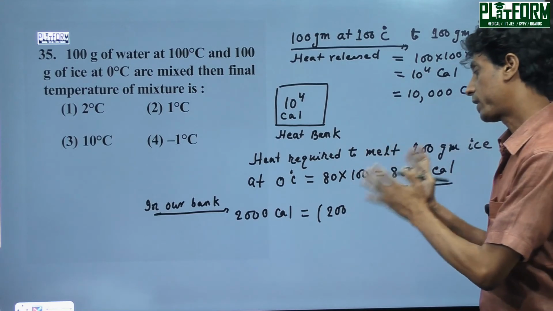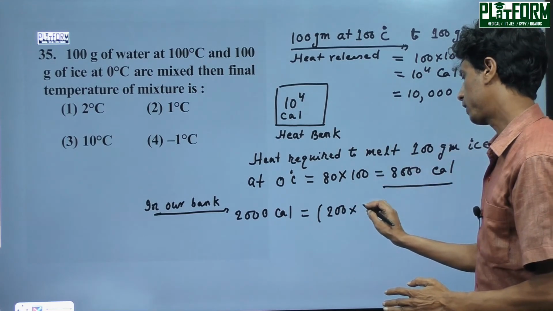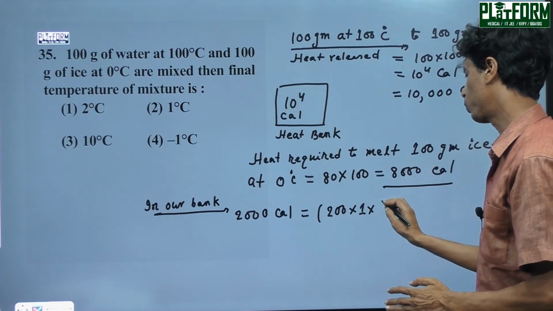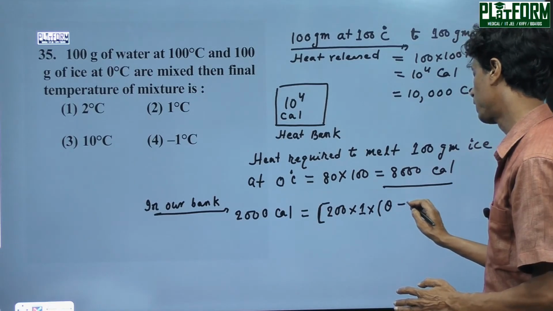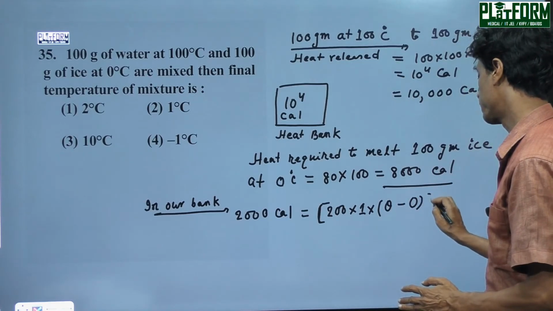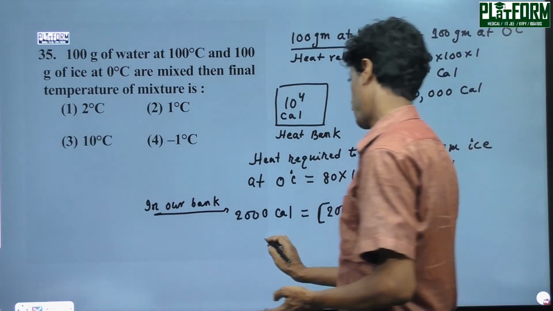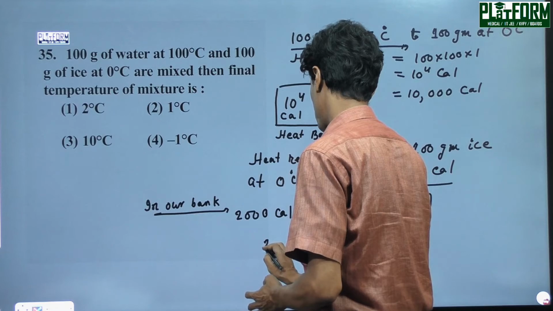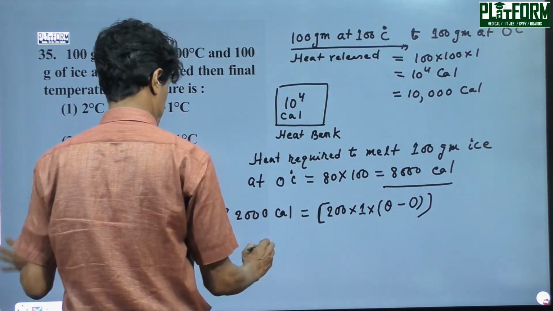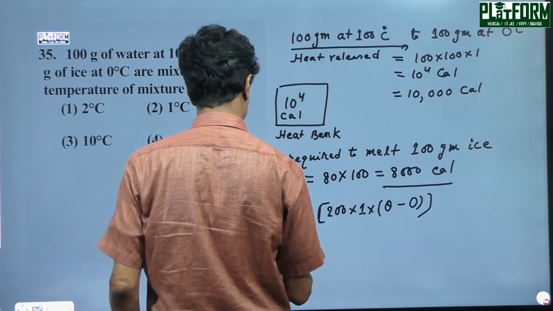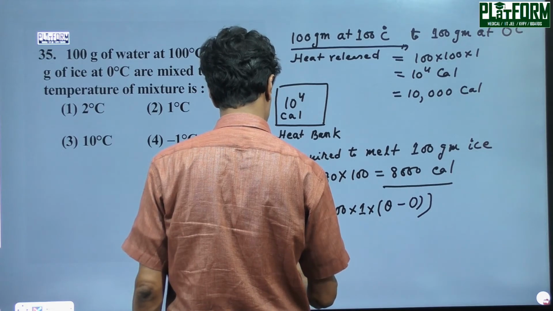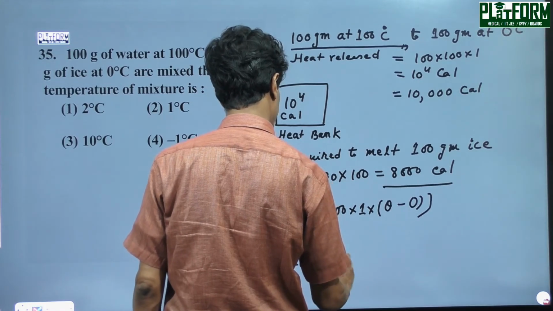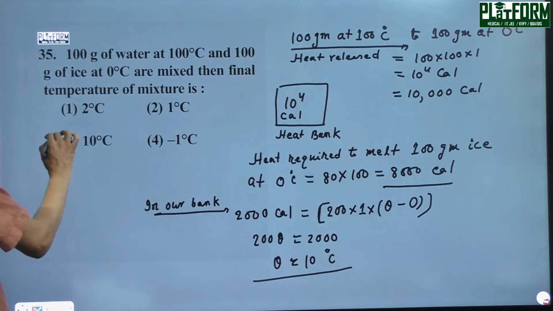So 200 gram water at 0 degree centigrade, specific heat is 1, and the temperature will rise up to theta, starting from 0 degree centigrade. So 200 theta is equal to 2000, and theta is equal to 10 degrees centigrade. So 10 degrees centigrade is the right option here. 3 is the correct option.